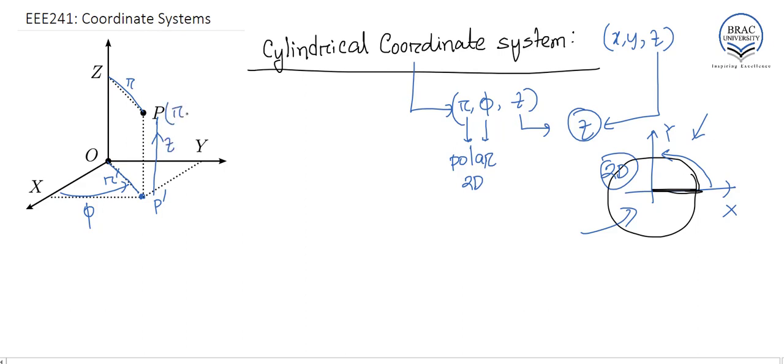So we get r, the distance between P point and the z-axis, the phi angle, that is the angle this line makes with the positive direction of x-axis, and then z, the elevation of P point with the xy plane. So these are the coordinates we will be using over here.